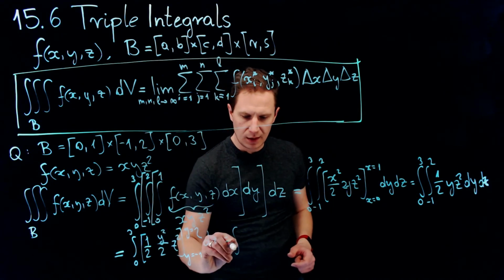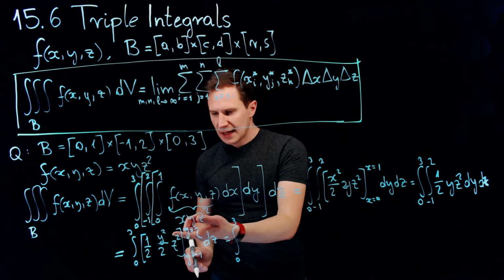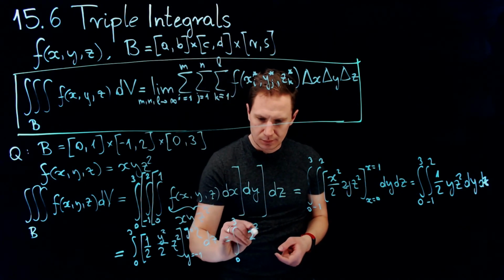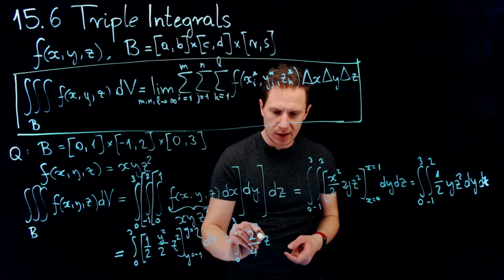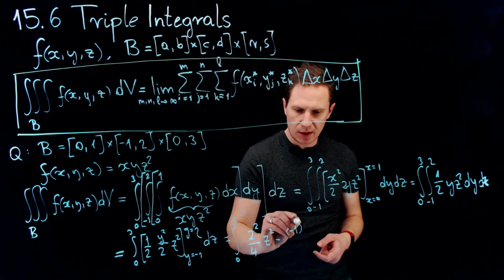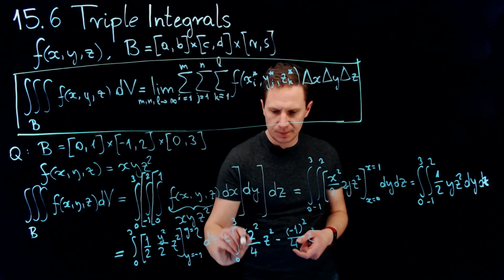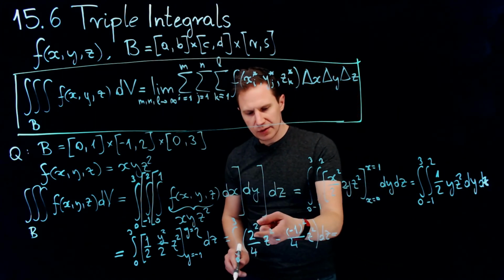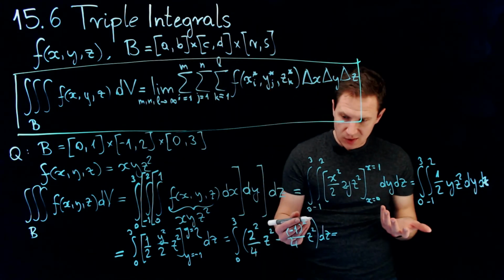So when we evaluate that expression, we'll get 2 squared over 4 times z squared minus (-1) squared over 4 times z squared. So really what we have here is z squared minus 1/4 of z squared.